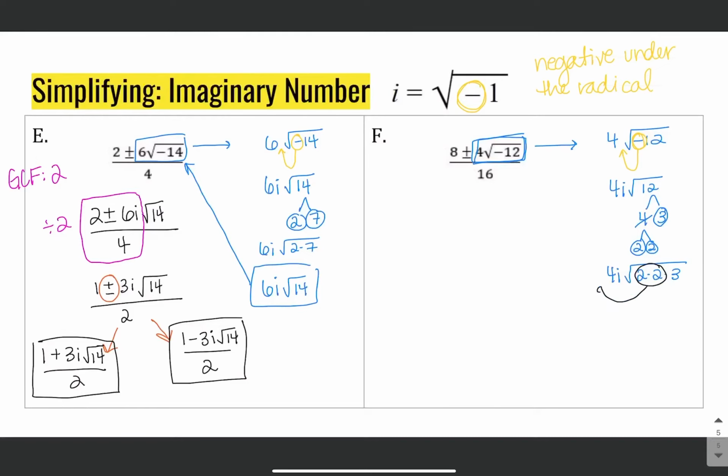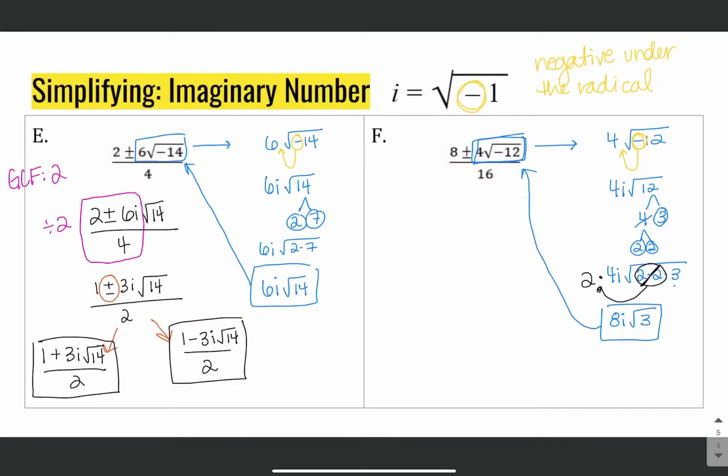How many are going to come on the outside? One of them. I'm going to be multiplying that with 4i, and I'm going to cross this out underneath because I don't need that anymore. 2 times 4i is 8i. And then I have a 3 underneath my radical, so radical 3. Again, this is what's going on the inside of my expression.